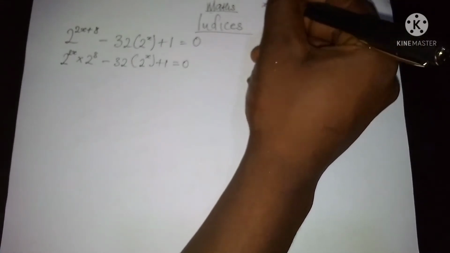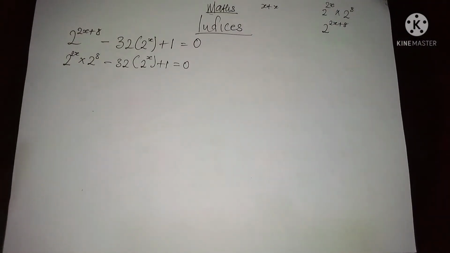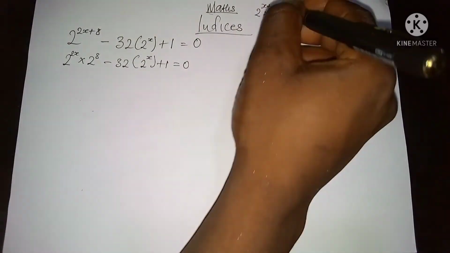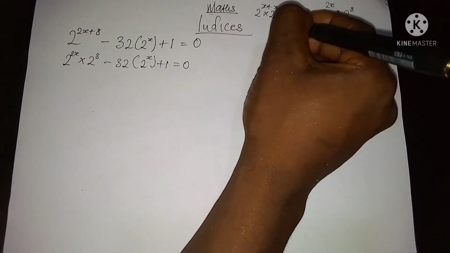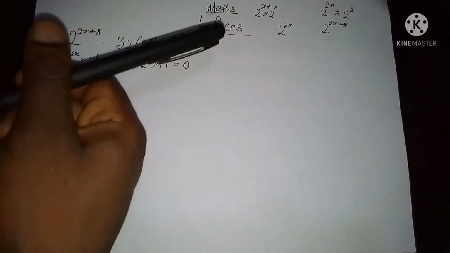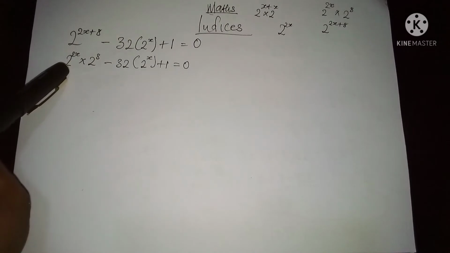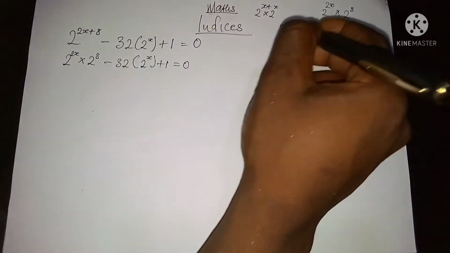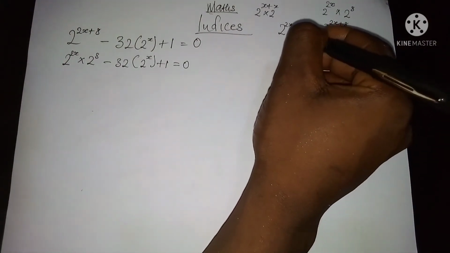x plus x will give us 2x, and so therefore 2 to the power of x times 2 to the power of x will give us 2 to the power of 2x, because x plus x is 2x. So if I multiply 2 to the power of x and 2 to the power of x, I will definitely get what I have here, right? So it means we have 2 to the power of x twice.